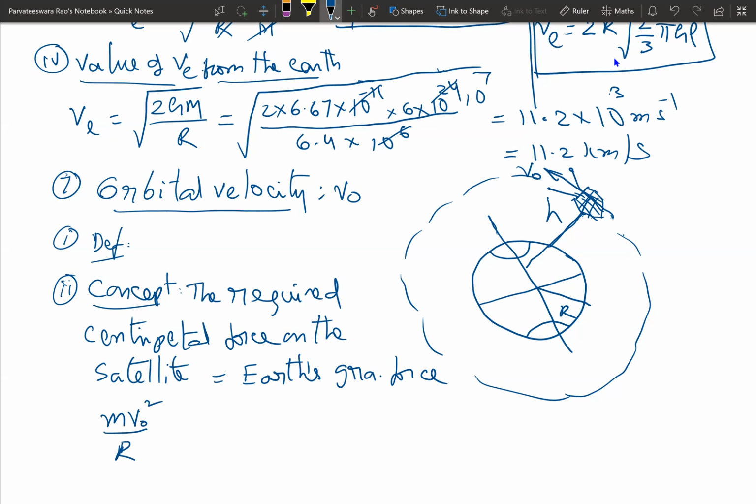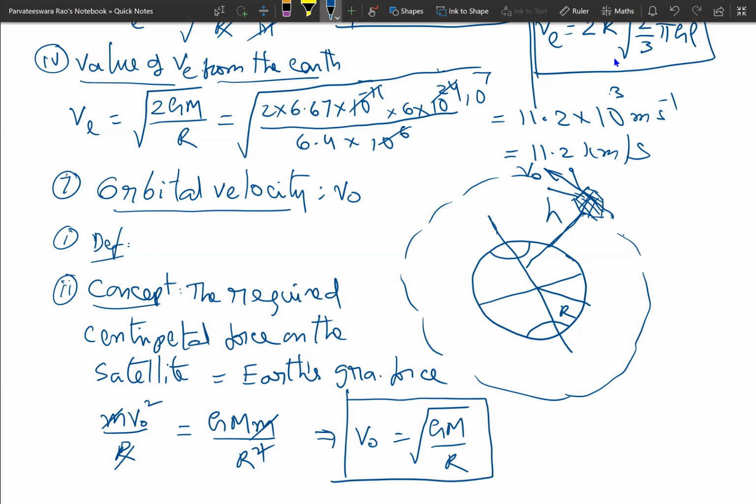V naught is the orbital velocity. Earth's gravitational force is G capital M small m by r square. So this derivation is easier. This implies V naught is equal to root of GM by r. Using the relations, we can get it as root g r.